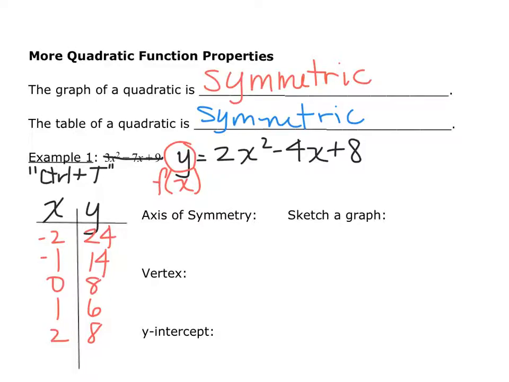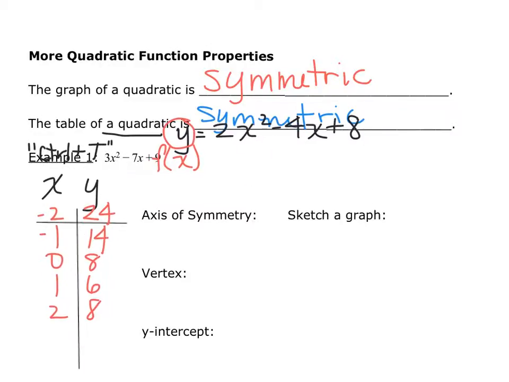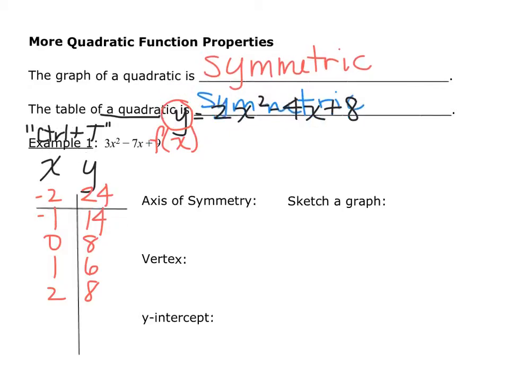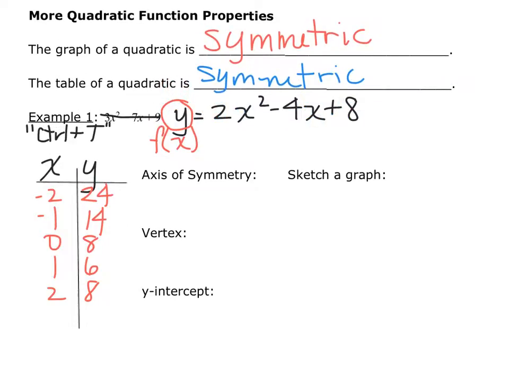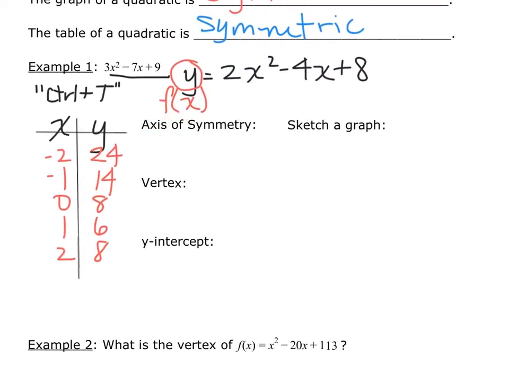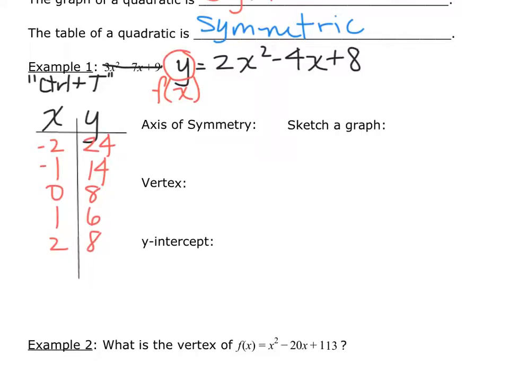All right, so I want us to make a prediction. Don't scroll down yet. If I had to predict, when X is 3, what is Y? So let's look at the table here. When I've got -1, Y is 14.